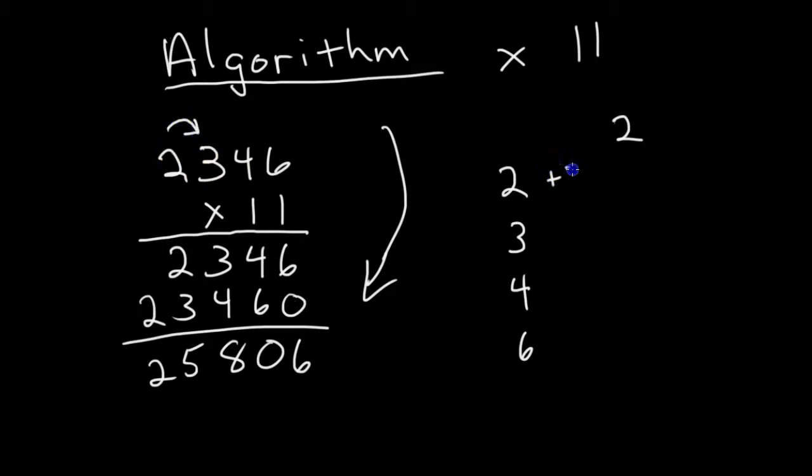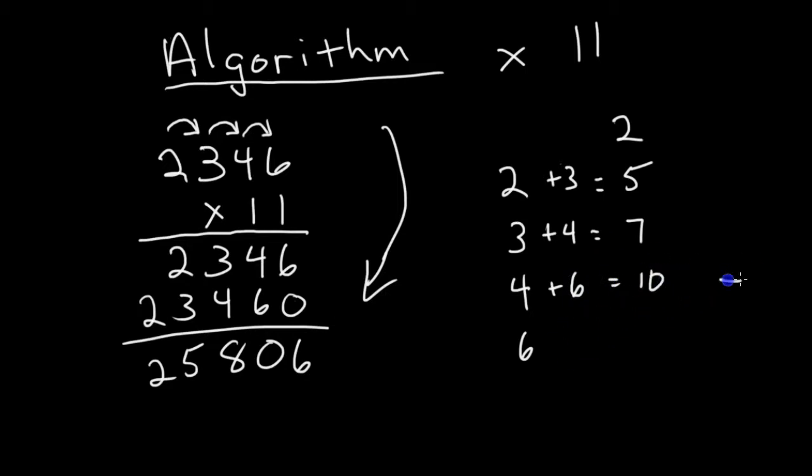So it's 2 plus 3, and you get 5. And then you take the 3 and add the next number, in this case 4, and we get 7. And then we look at the 4, and you add the next number, which would be 6, and then we get 10.